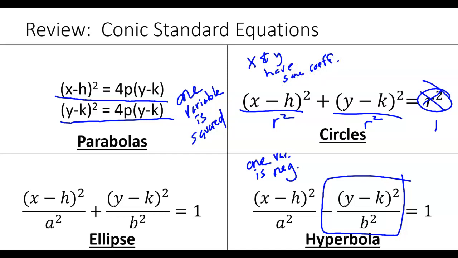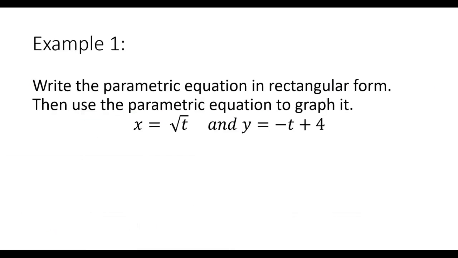Whereas on an ellipse, the x and the y will have different ones. Okay, so that's how you can tell a circle from an ellipse. So these are all the conics we've learned and how you can tell which one is which. Okay, so having reviewed that, let's go ahead and jump into our first example.